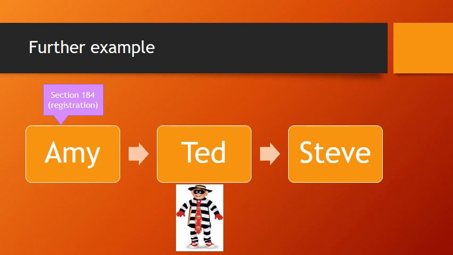Either through some sort of conduct, he acts dishonestly, for example, impersonating somebody else, or fraudulently signing a document, or taking advantage of Amy if she was in a situation where she couldn't sign documents or didn't understand them, or any of those types of situations. What the Torrens system would say is, as soon as Ted becomes registered, he gets the benefits of indefeasibility. That's the way that section 184 operates.